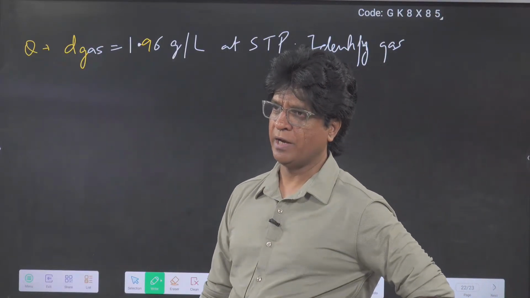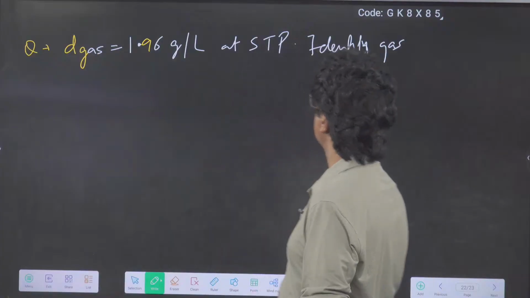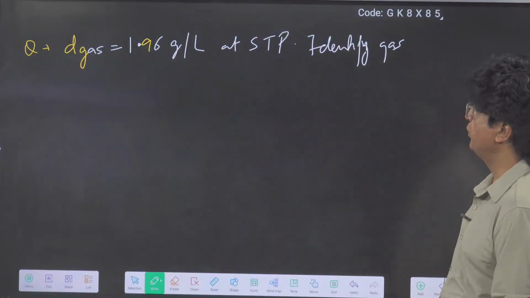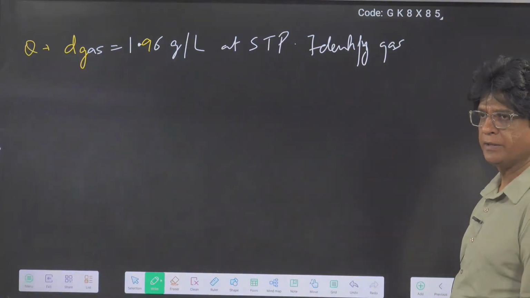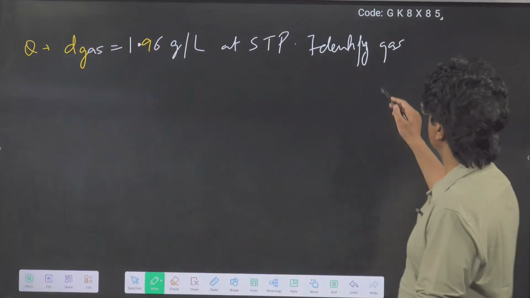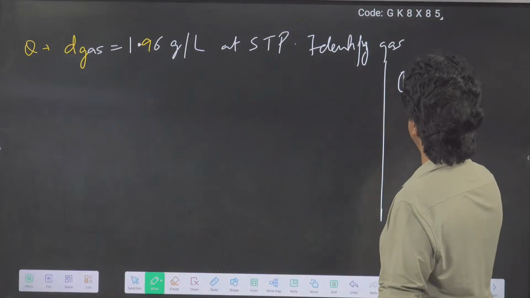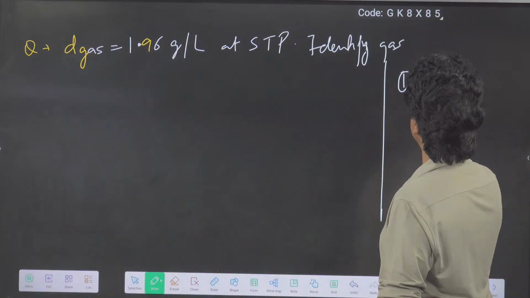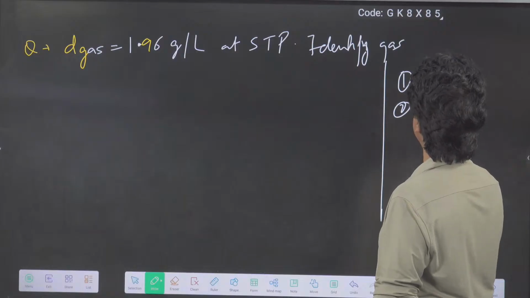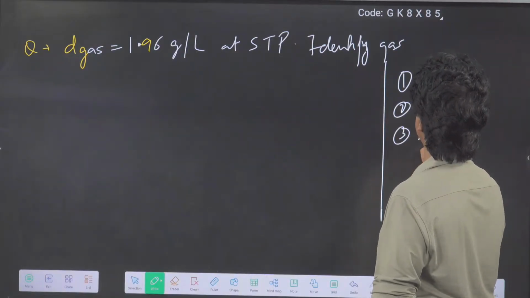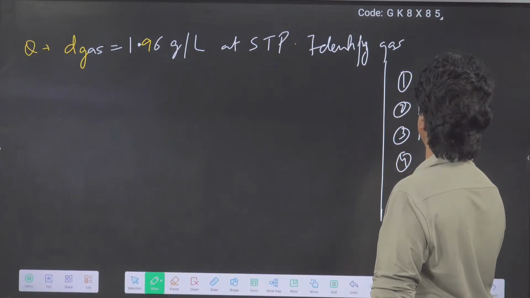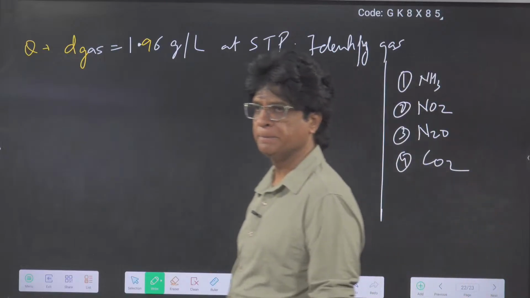Rhombic sulfur is in its standard form. Correct. 1.96 gram per liter. Come on, identify the gas. Let me give you options. First one is ammonia. Second one is NO2. Third one is N2O. Fourth one is CO2. Come on, be careful.